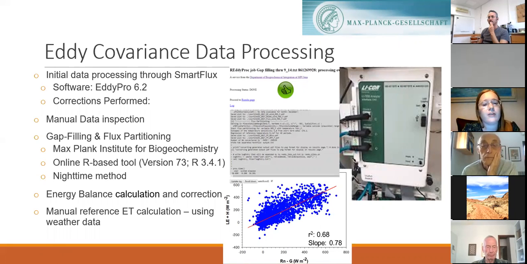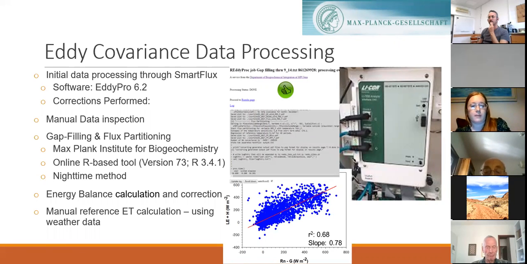And after gap filling, I calculate an energy balance and then perform an energy balance correction. So I plot LE plus H versus Rn minus G to get the slope. And that can give you an idea of how well your eddy covariance system is capturing all of the energy flow within a system. And there's always a gap. Rn minus G will always be a bit more than LE plus H in almost all systems.